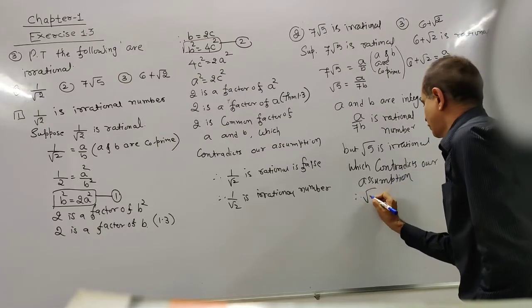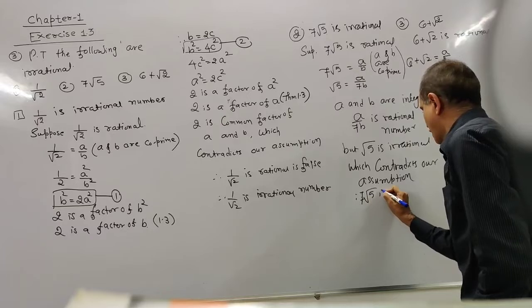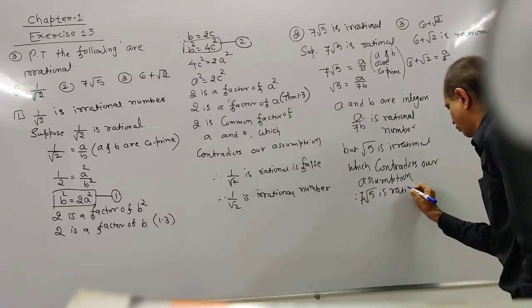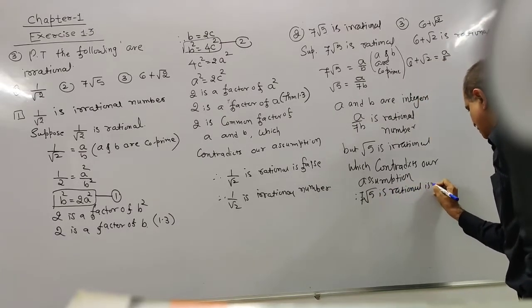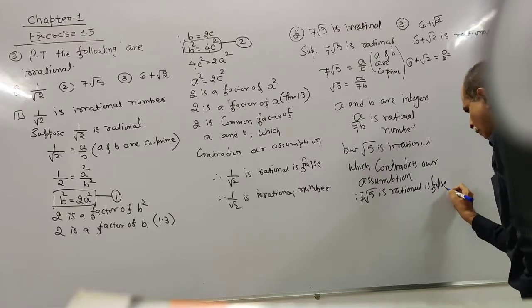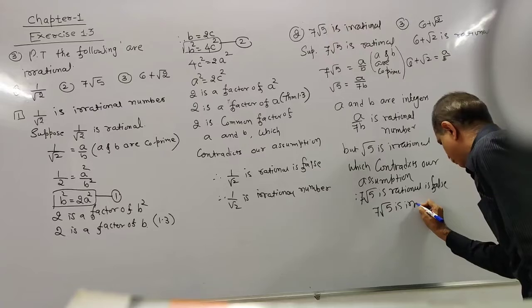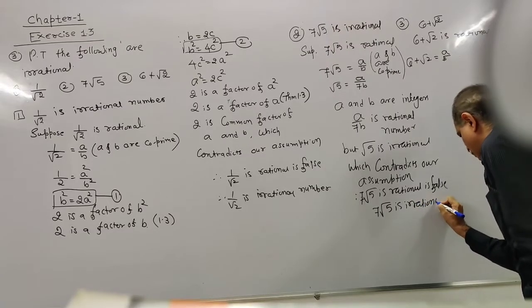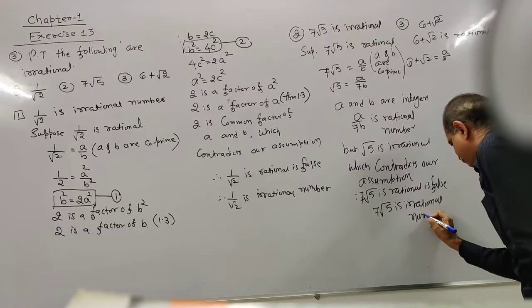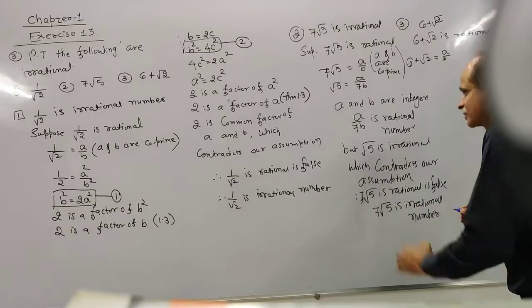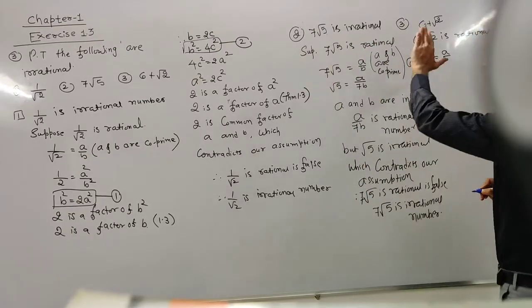Therefore 7 under root 5 is rational, is not true. Rational is false. Therefore 7 under root 5 is an irrational number. Very simple proof.